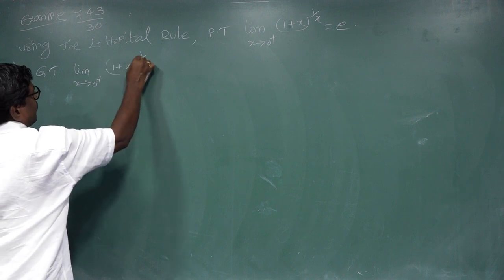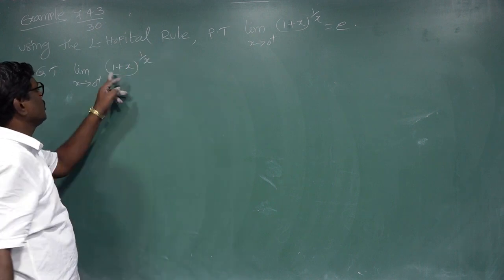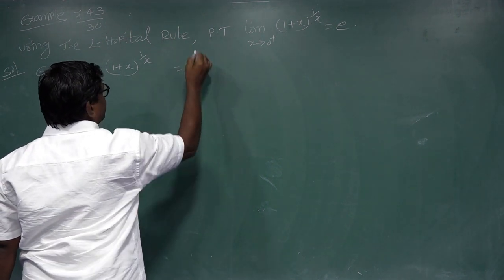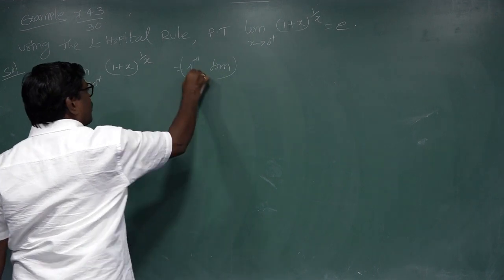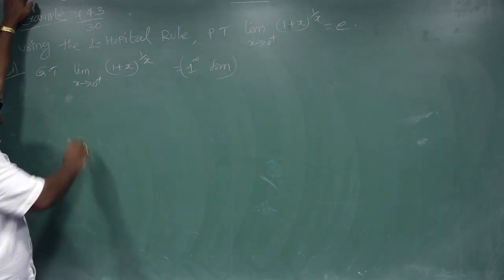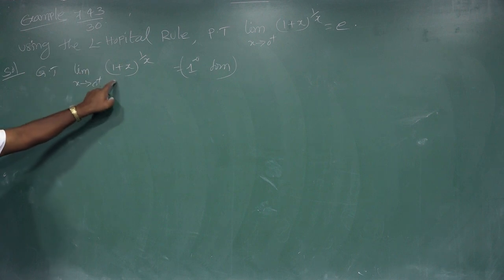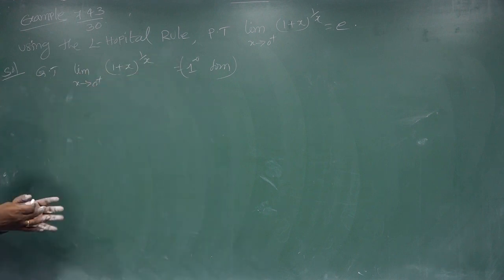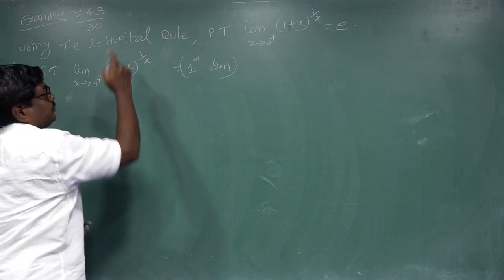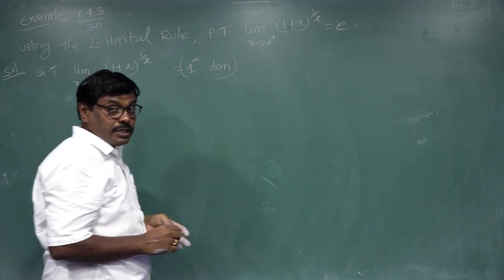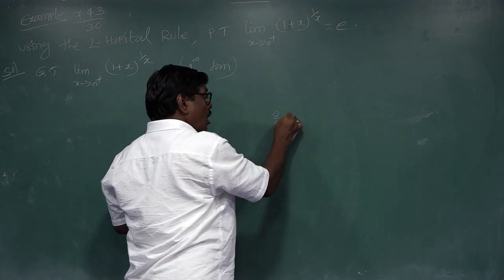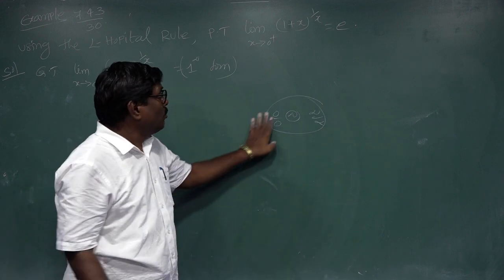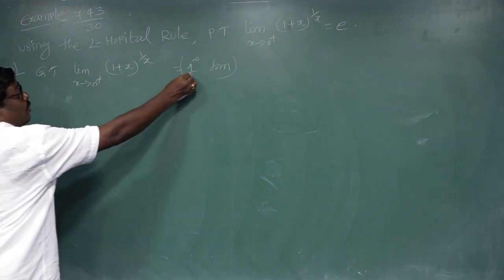As x tends to 0 plus, 1 plus x power of 1 by x becomes 1 plus 0, 1 power of 1 by 0, which is 1 power of infinity.